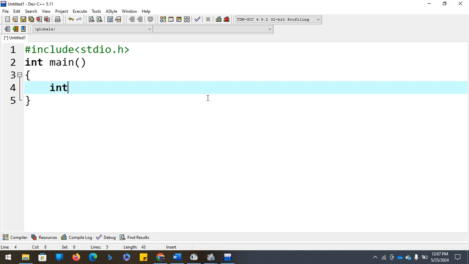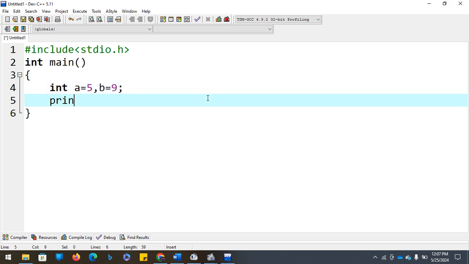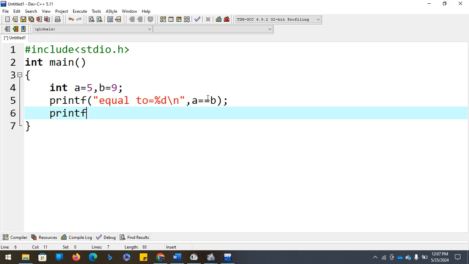Let's take two values. Greater than. The relation operator returns the value in the form of 0 and 1.